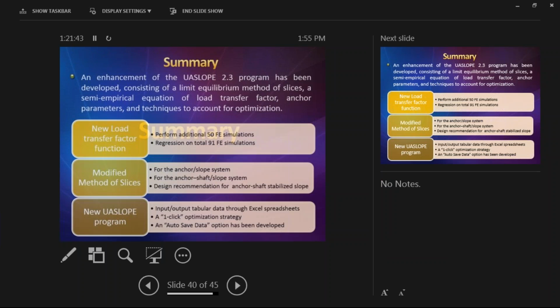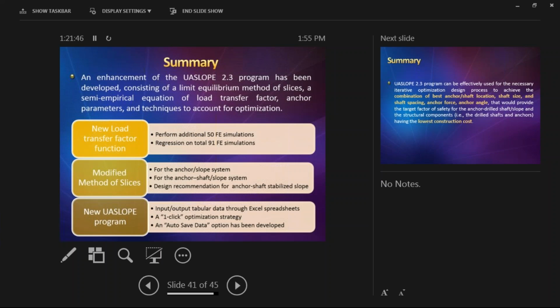So as a summary, I guess we have accomplished the task of modifying existing UASLOPE 2.1 so that we would have a new semi-empirical equation for the arching effect.